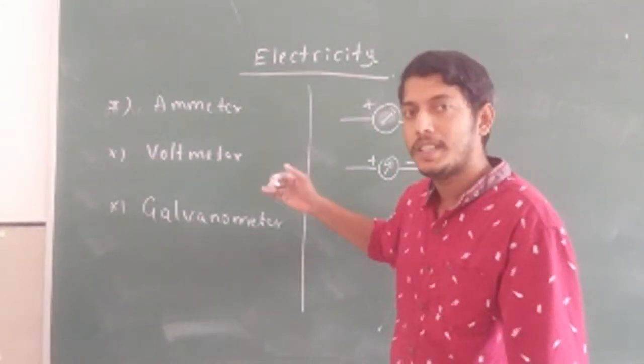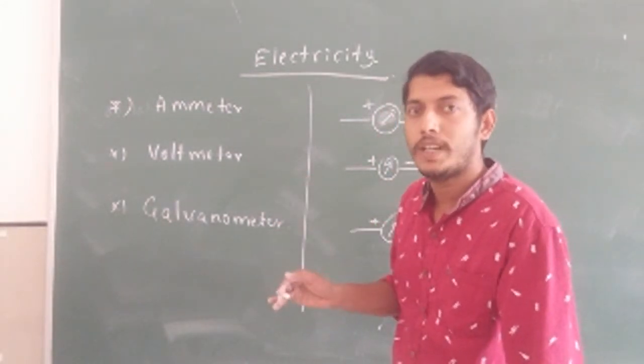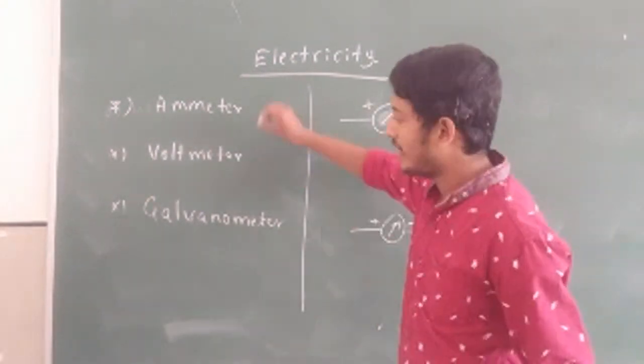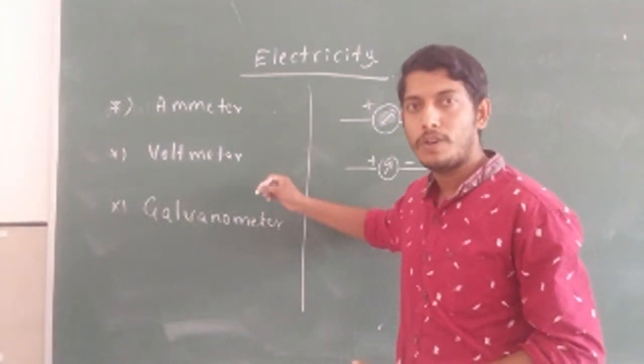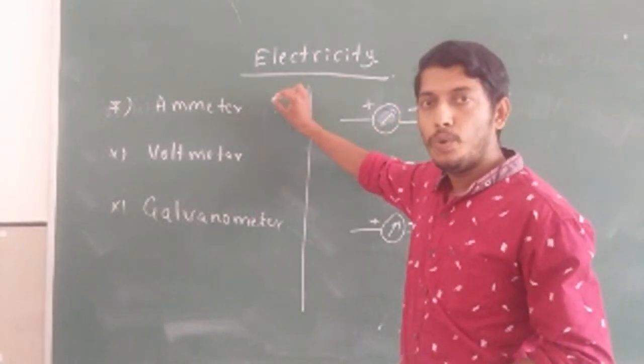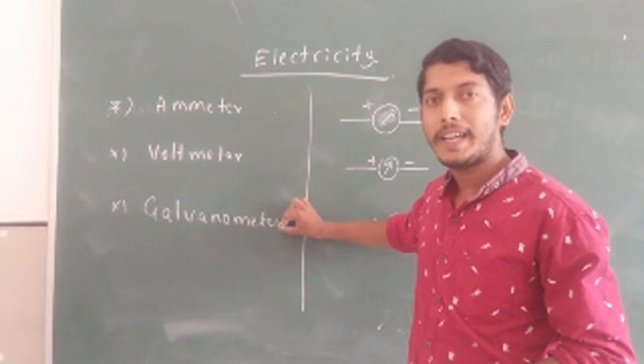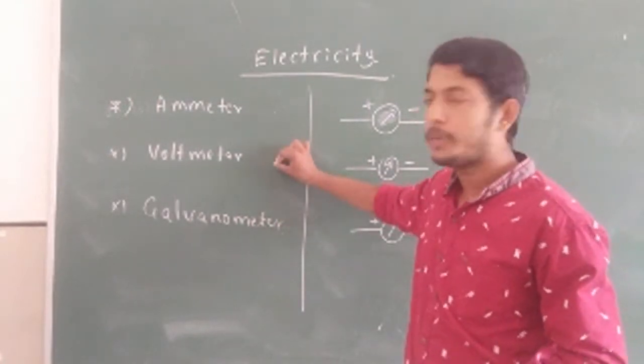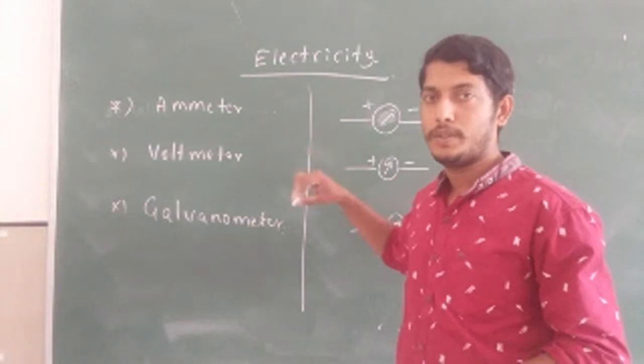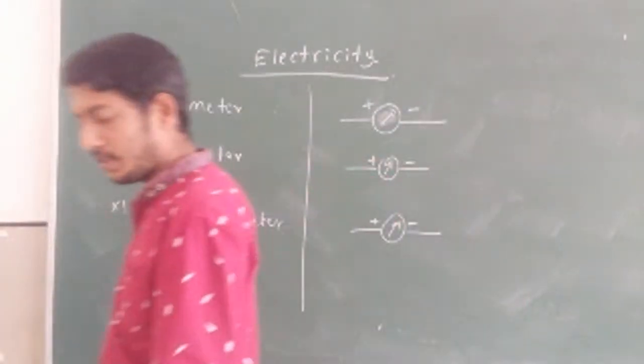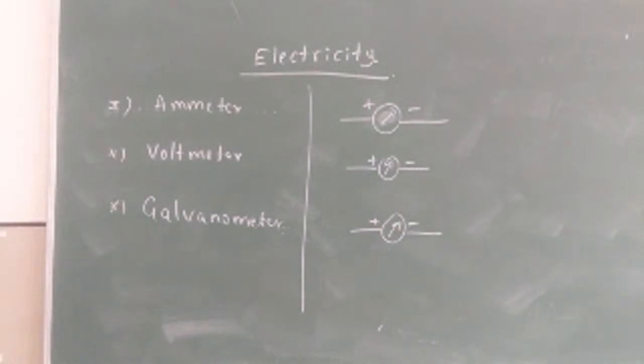The galvanometer is used to represent the flow of current, that is, the magnitude of current as well as the direction of current. So ammeter and galvanometer work the same way, but there is a small difference: the ammeter shows only magnitude, but the galvanometer shows magnitude as well as direction, and the voltmeter represents the potential difference.